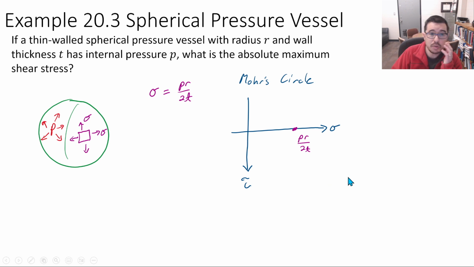So that's Mohr's circle, if we just look at the in-plane representation.